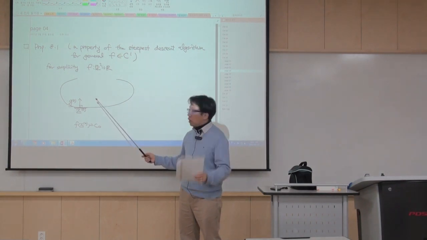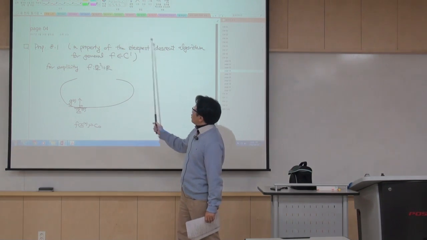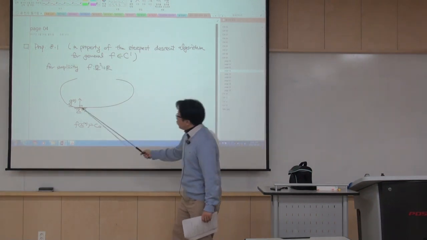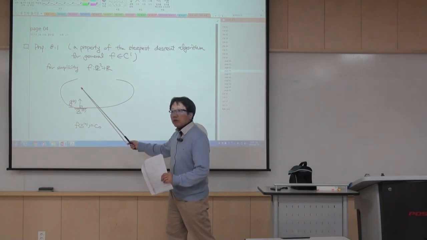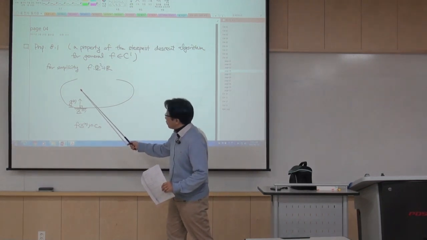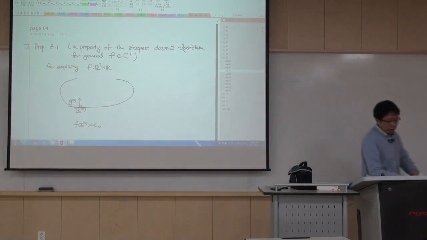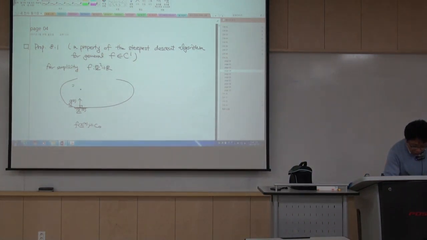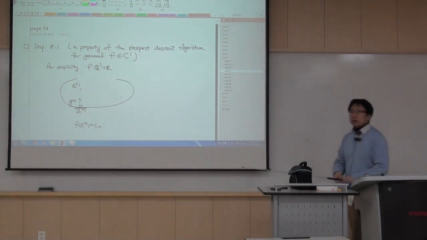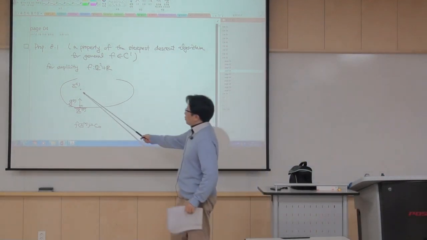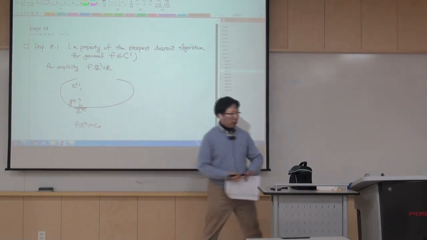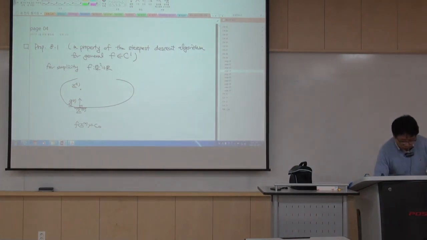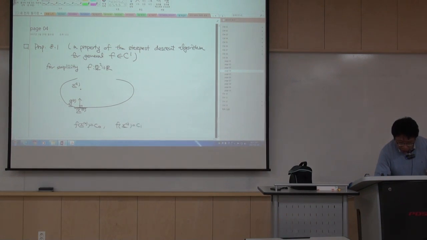Now, what is the steepest descent? You move in this direction and reach a local minimum. Suppose this point is the local minimum. Then that point becomes x1. Am I right? Now you evaluate the function here, and let's set this as C1.